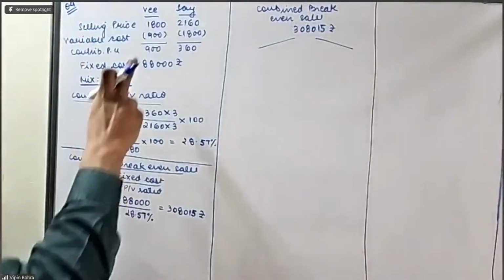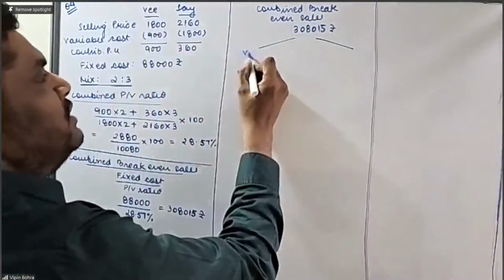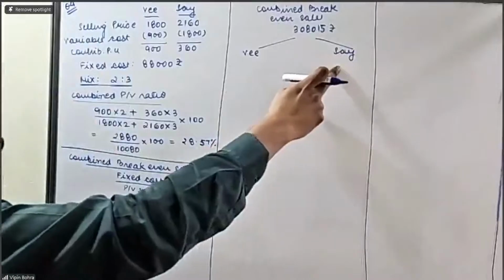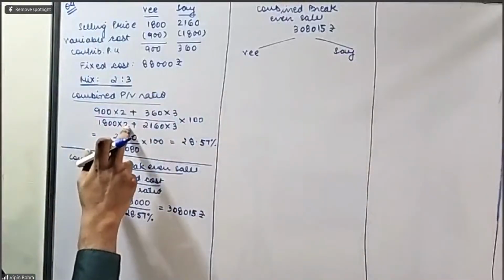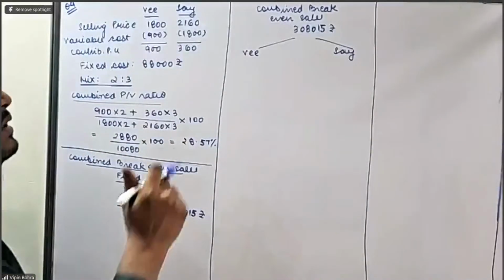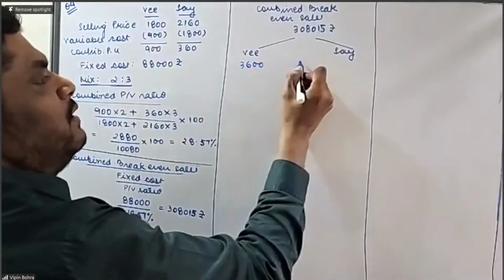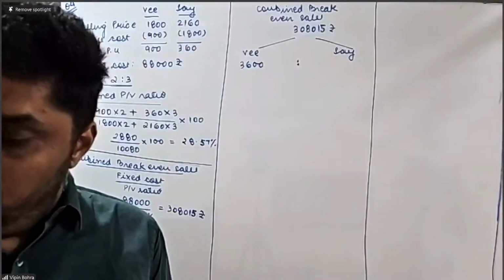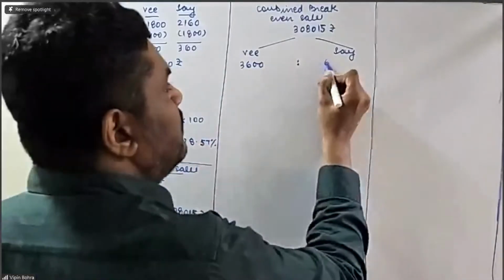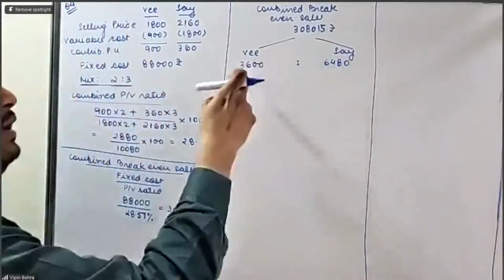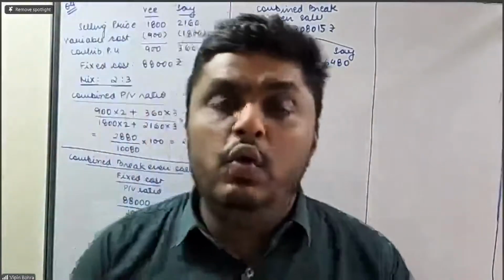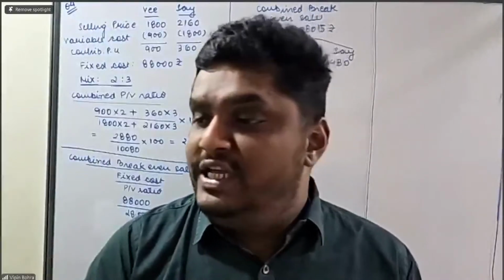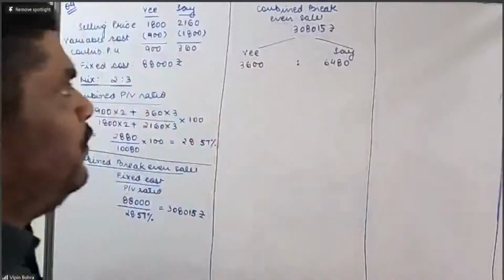We can calculate the individual break-even sales also for V and J. It will be distributed in the ratio of sales only. So my sales is 1800 into 2 and 2160 into 3, so this will be 3600 is to 6480. Sometimes the examiner does ask you to calculate break-even sales for each and every product, so this is the process you have to follow.